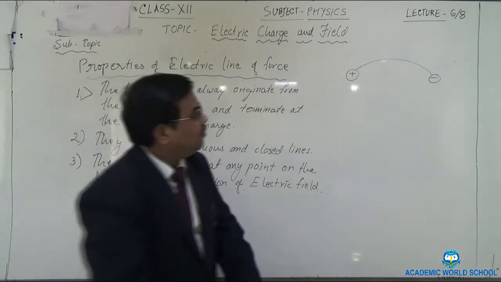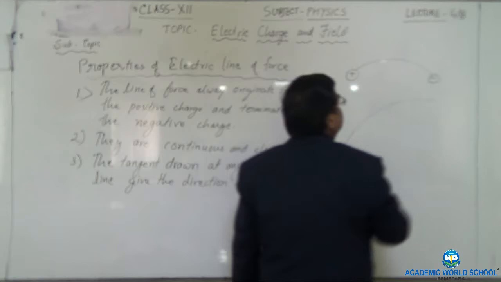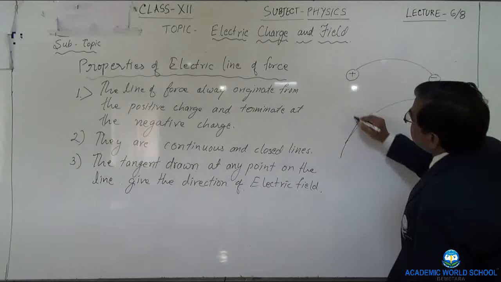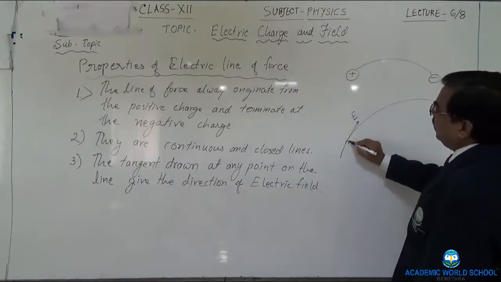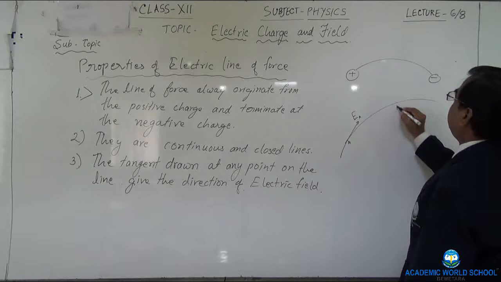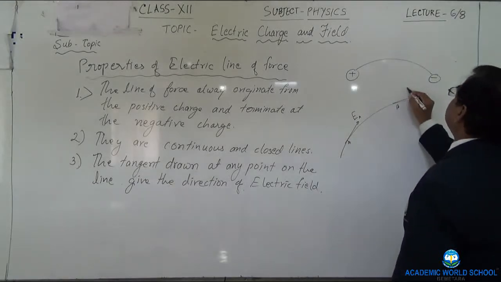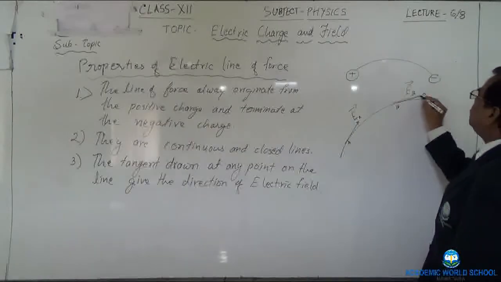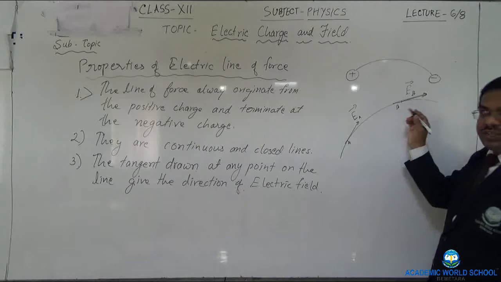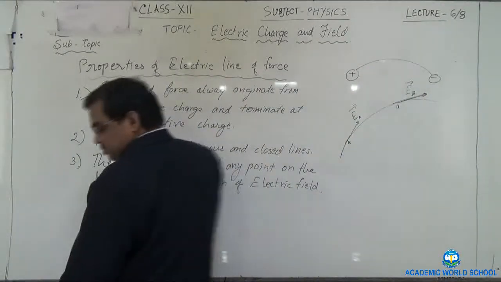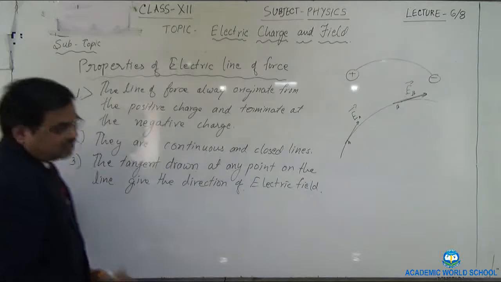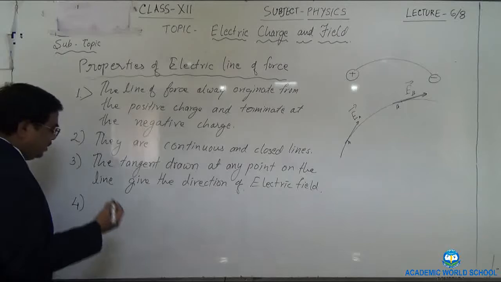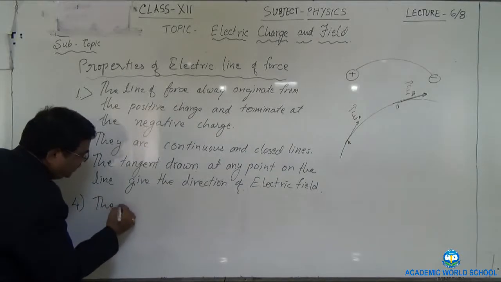So if you have any line like this, and here you draw one tangent, this is the direction of electric field at point A, whereas at point B the tangent is this one, so this is the direction of electric field at B. So tangent to the line will give you the direction.